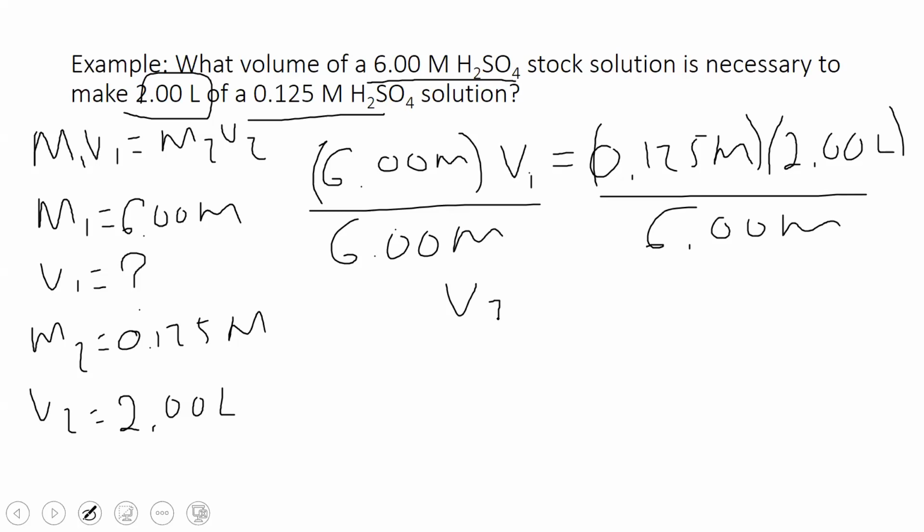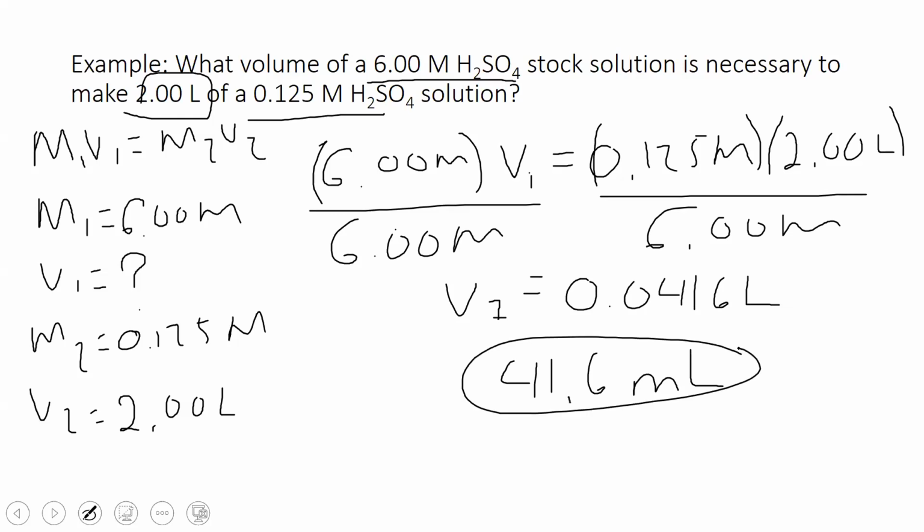And you get V1 is equal to 0.0416 liters, or 41.6 milliliters of that stock solution, right? Boom. Okay, so those are a couple of ways that these dilution questions can be asked.